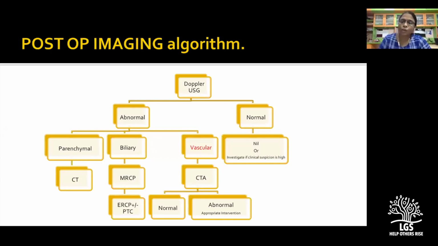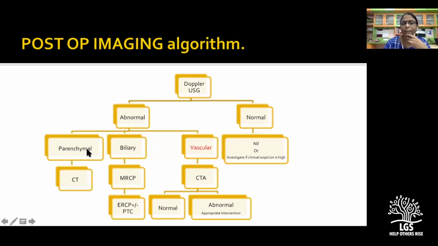And coming to the postoperative imaging, even in the postoperative imaging, the primary modality is the Doppler ultrasound. And this is the algorithm which we follow. So first we do the Doppler ultrasound. If it is normal, unless clinically indicated, no other investigation is performed. And if it is abnormal or the Doppler findings are indeterminate, we have to proceed with the other modalities.